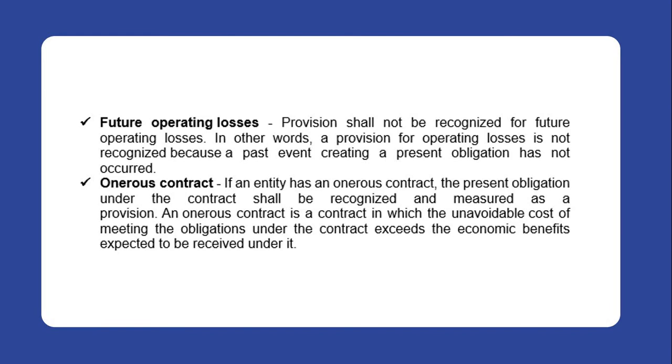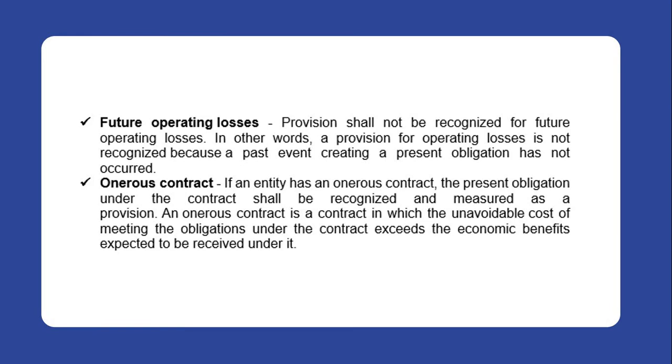Meaning to say, if you foresee a future operating loss, dili nimo siya gamiton as a requirement, okay, as the basis of your provision. So there's no provision to be recognized in relation to future operating losses. Kay dili man nimo liability, okay? Dili man liability ang magkaroon ng operating losses in the future.